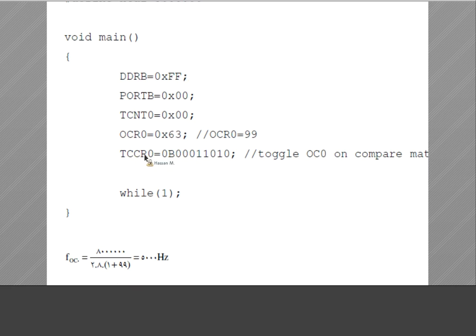Here TCCR, timer counter control register. TCCR is 00011010. Here, bit 6 is 0 and bit 3 is 1, which means CTC mode. We are in CTC mode. Clock select CS 010 means clock divided by 8.